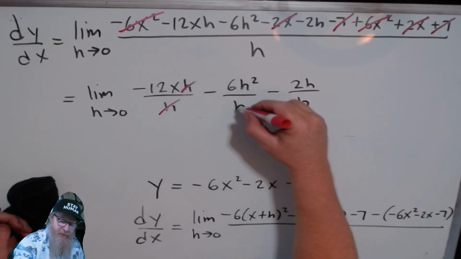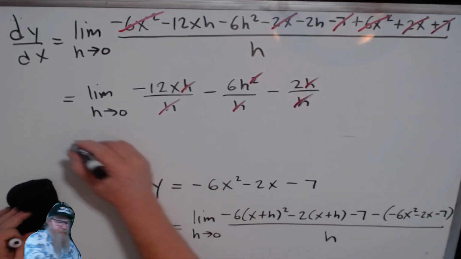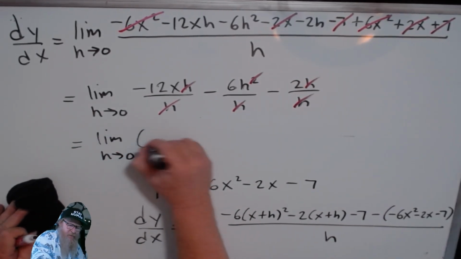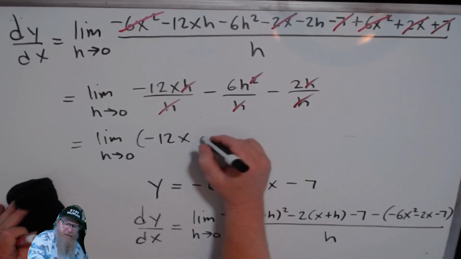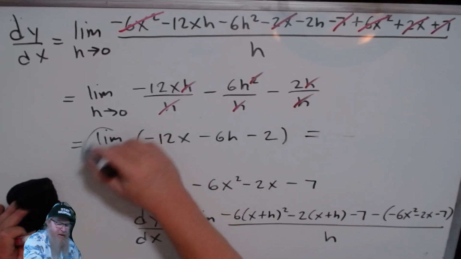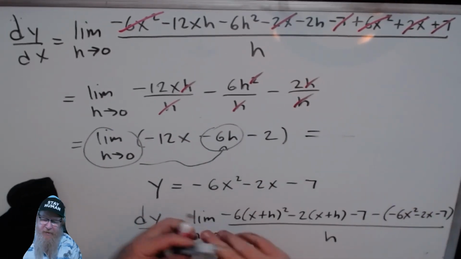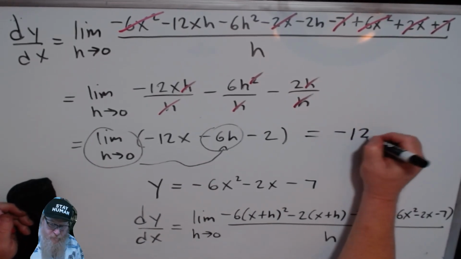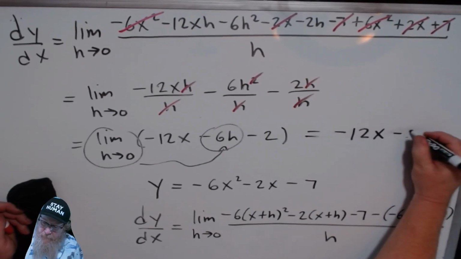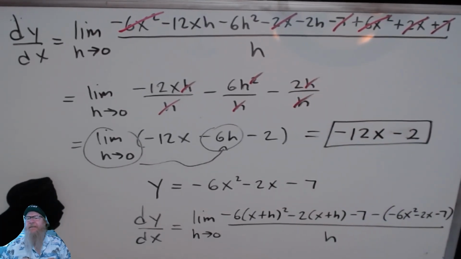Cancel the h's. So this is the limit as h goes to 0 of negative 12x minus 6h minus 2. And now when you take the limit, the middle term will go to 0, and you will get negative 12x minus 2.